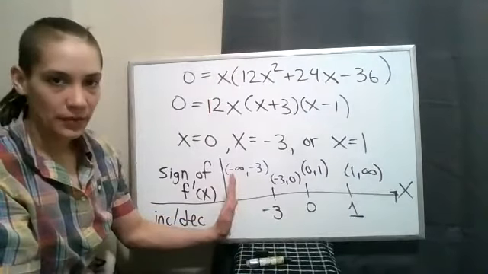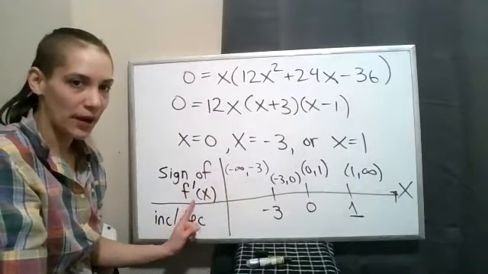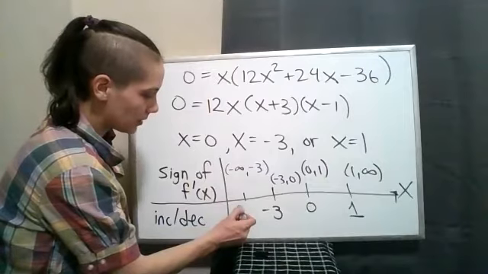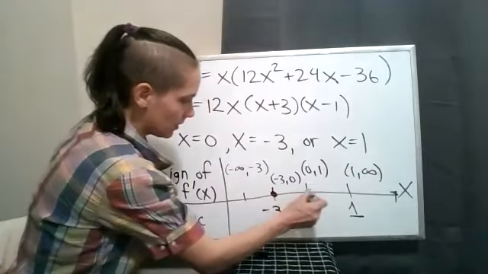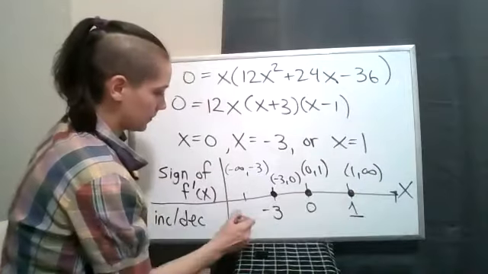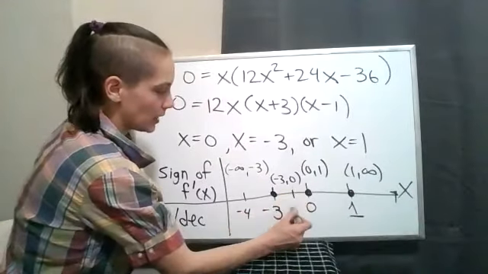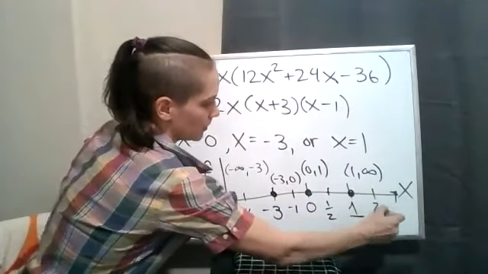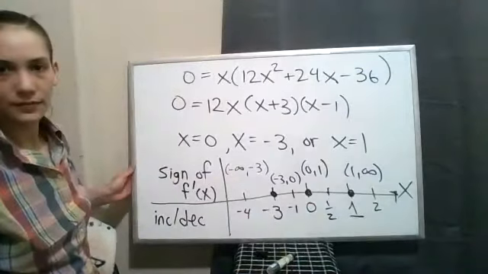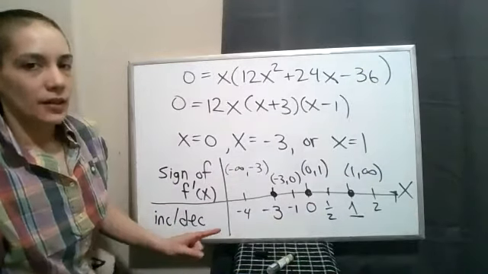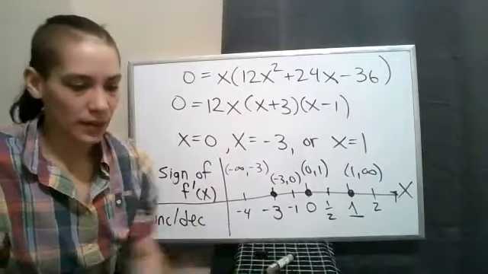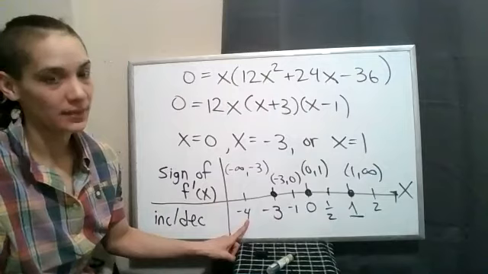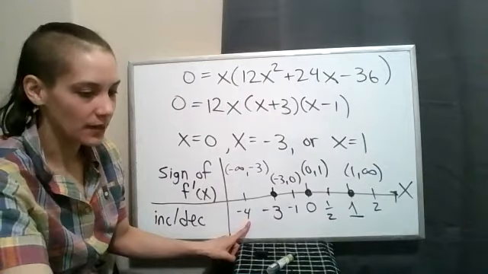So pick a number from that interval and test it in f prime of x. So I put in maybe negative 4. Maybe negative 1, 1/2. Okay, so I'm just going to use my scratch work. When I put in this as my test value into f prime of x, I got out a negative number.